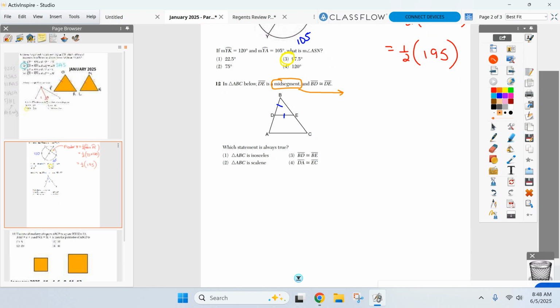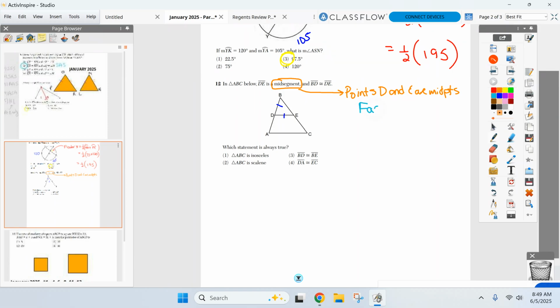Okay, so knowing that DE is a mid-segment, I know points D and E are midpoints. A mid-segment connects the midpoints of two sides of a triangle.